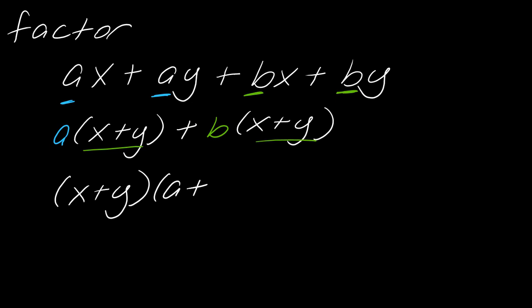There's a couple different ways you can think about this. You can think to yourself, if these 2 things are the same, then I just take the terms in front. Or you can think about this as actually factoring out the entirety of this x plus y, and when I divide out the x plus y, I'm left with the a plus the b. So there are 2 different ways you can think about why this works. This is the idea of grouping, and it is a 2-step process.